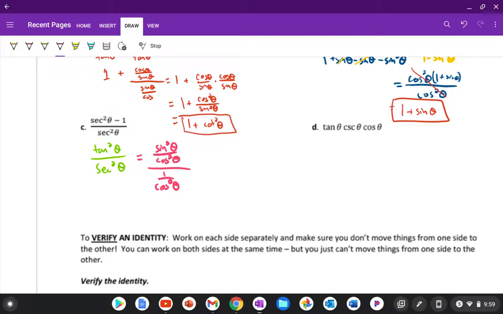All right, and then you should start to be thinking ahead, when you flip and multiply here, that you're going to get some cancellations, so that will be good. So we keep the top, and then we multiply by the reciprocal, so the bottom flipped. And good news, those cosine squares are opposite, so boom, they cancel. And then we're just left with sine squared over 1, or just sine squared.